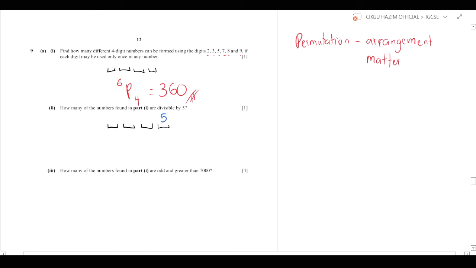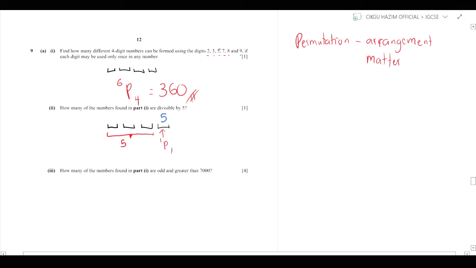Once you put 5 there, the calculation for the last seat is 1P1. Why is it 1P1? Only one number is to be selected to fill one seat behind. For the front 3 seats, the remaining would be 5 numbers, since you already picked 5 out of a total of 6 numbers: 1, 2, 3, 4, 5, 6.